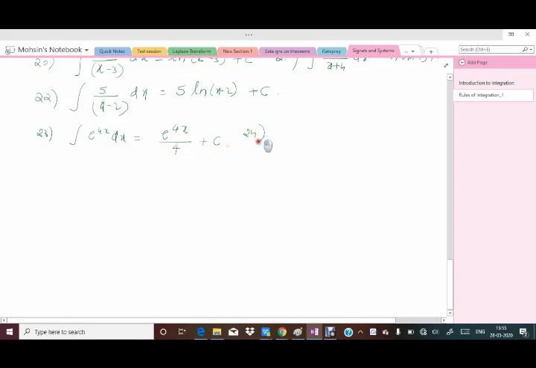And if e raised to 5x dx is given, then it's going to be e raised to 5x divided by 5 plus c, as 5 is in the denominator. And if e raised to x is given, then the constant can be taken as 1, so in that case it's going to be just e raised to x plus c.